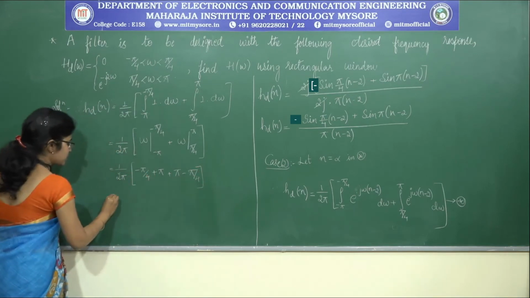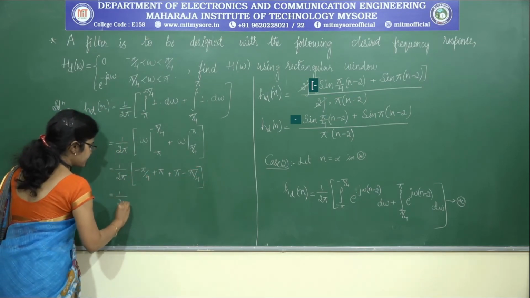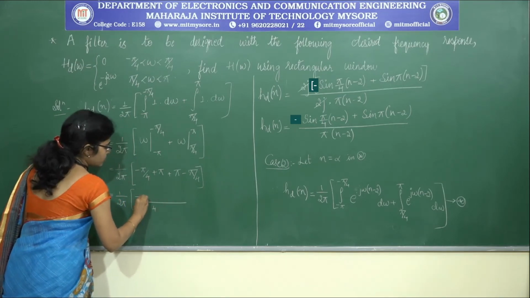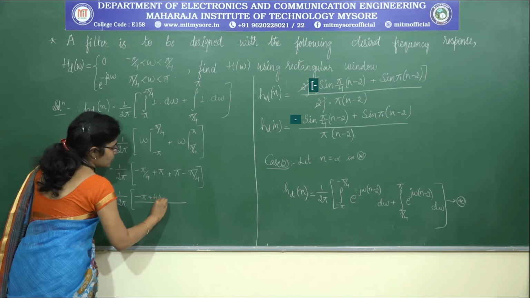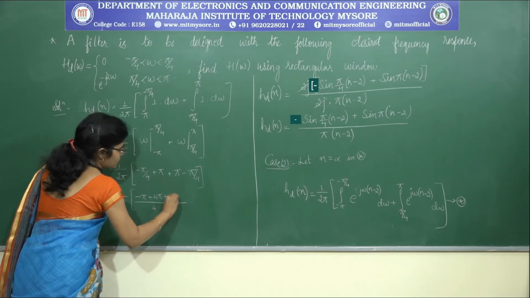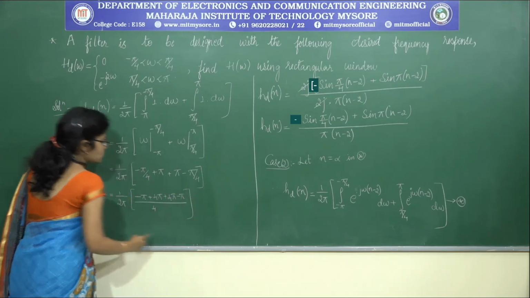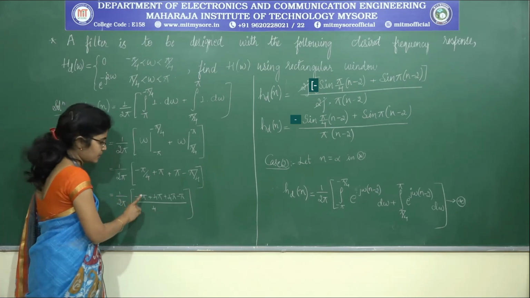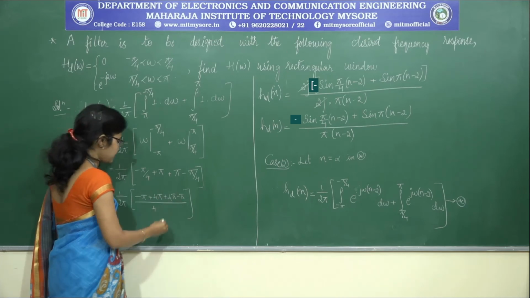So, if I simplify this, I can take LCM. So, the LCM is 4. So, in the numerator it will be minus pi plus 4 pi plus 4 pi minus pi. So 4 pi plus 4 pi is 8 pi, 8 pi minus pi is 7 pi, 7 pi minus pi is 6 pi.